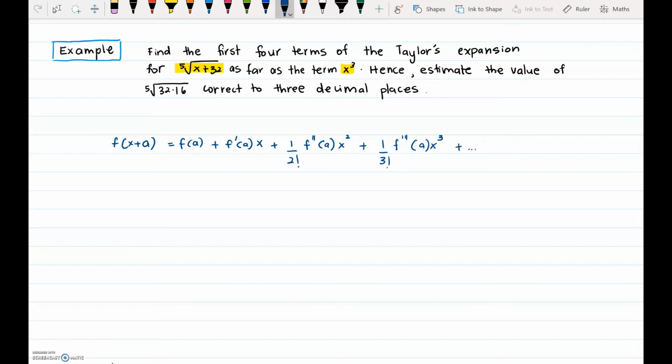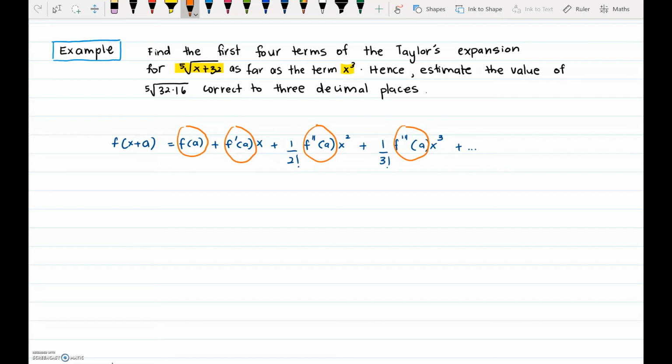So this is the formula that we will use. All right, okay, next we have to find your f prime a, f double prime a, and also f triple prime a.